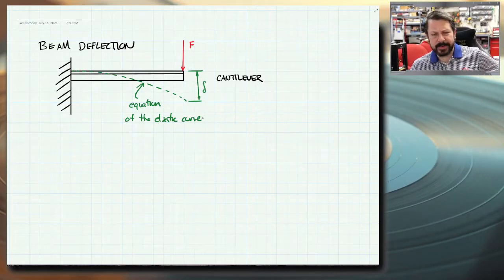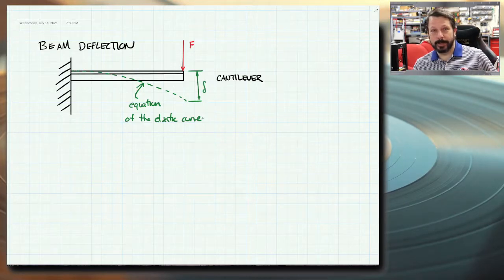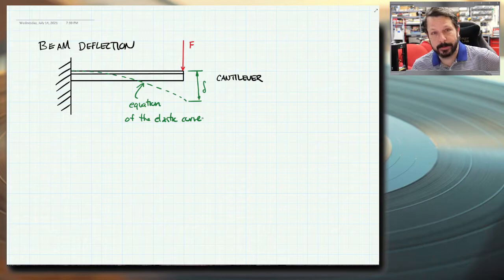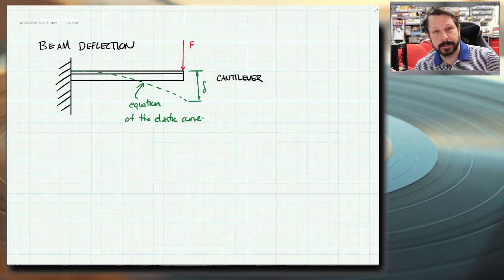And we're specifying elastic because if I bend this beam too far and it goes into that plastic region where things begin to deform and they never go back to the original shape, that's not what we're talking about. We're talking elastic curves, so this is more like a diving board where you bend it down and then it pops right back up once you release the weight from it. So it's still in the elastic region.